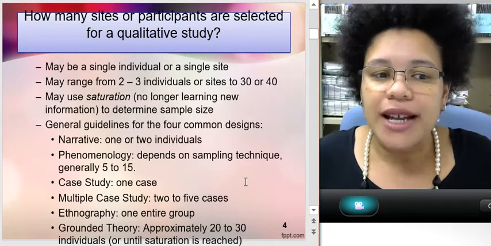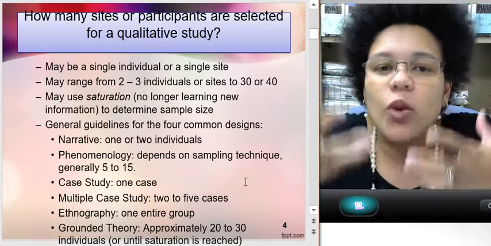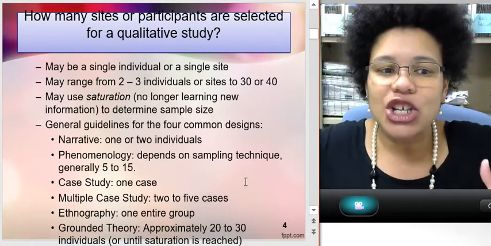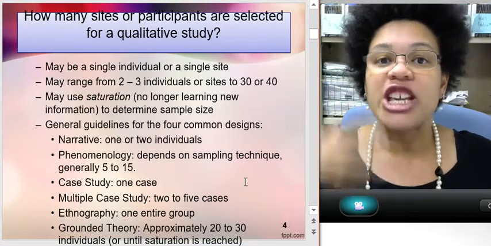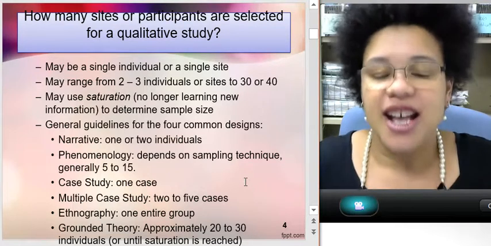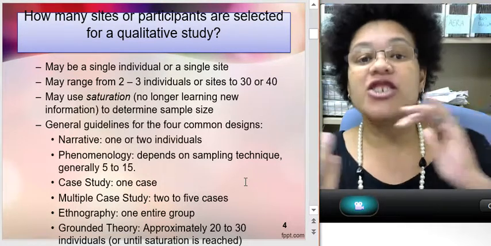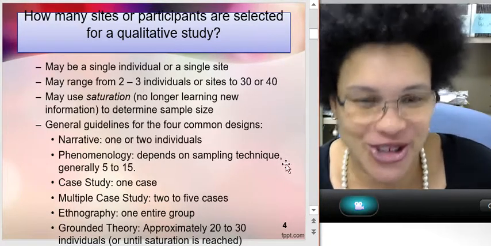And for grounded theory, you're going to keep interviewing people or whatever your data collection method is until saturation is reached. Saturation is when you start hearing the same story again, or the same why or how again, and you feel like, okay, you understand this because people are starting to repeat other people that you interviewed earlier.